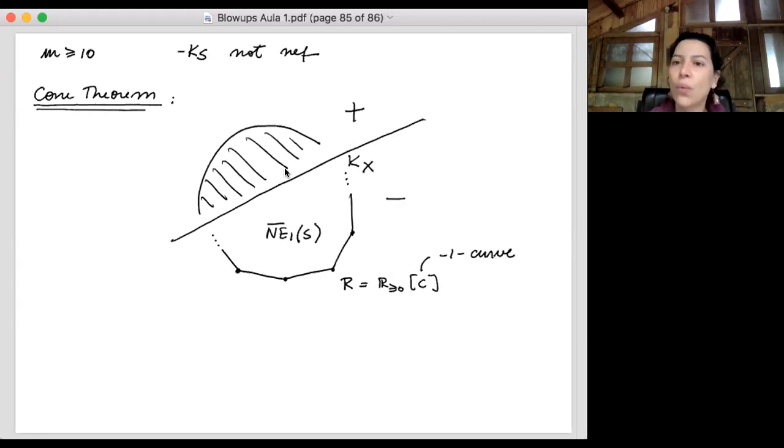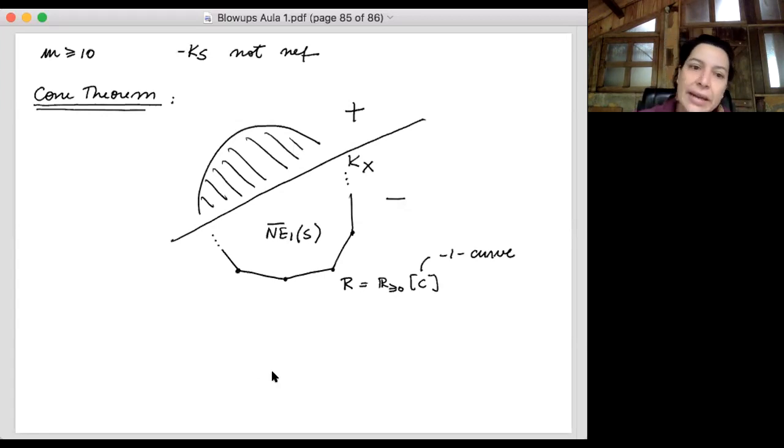Well, we don't know how the cone looks on the positive side of the canonical. This shaded region is where we usually do not know the shape of the cone. It is expected to be a round cone like this, but the truth is that this is not known.